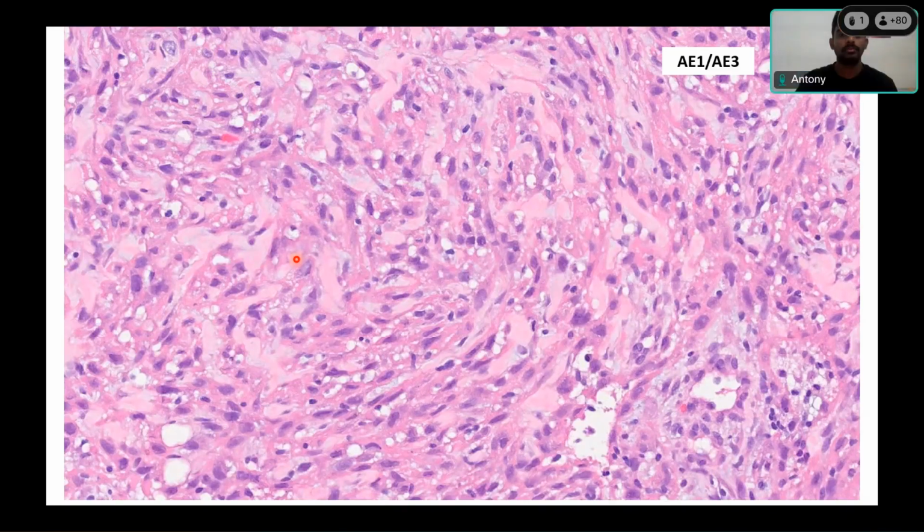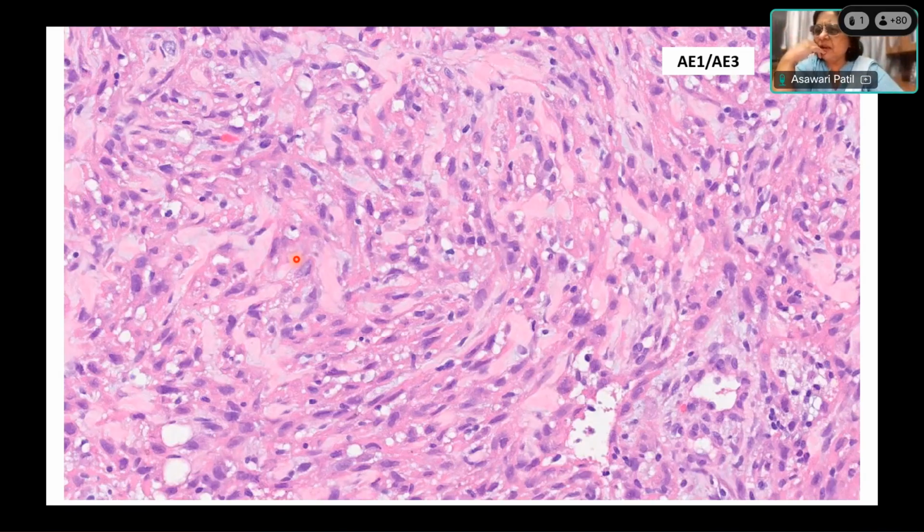Sarcomatoid carcinoma. Fine. But A1, A3 should be positive in many cells. If it is very focal positive, remember even phyllodes tumor can show some epithelial differentiation, so some positivity for A1, A3. A diffuse positivity in many cells or patchy areas of positivity will be more likely sarcomatoid carcinoma.